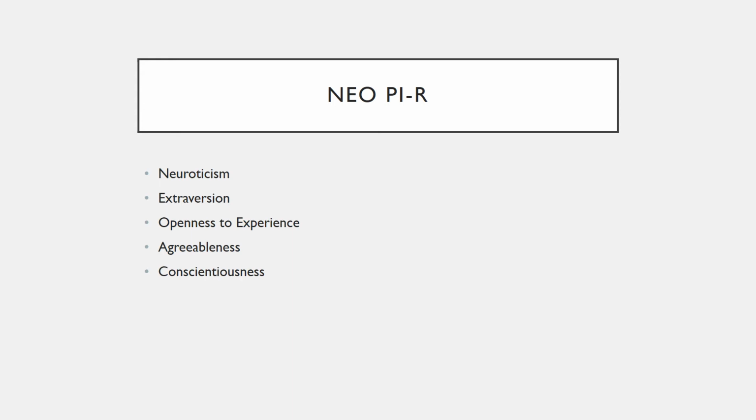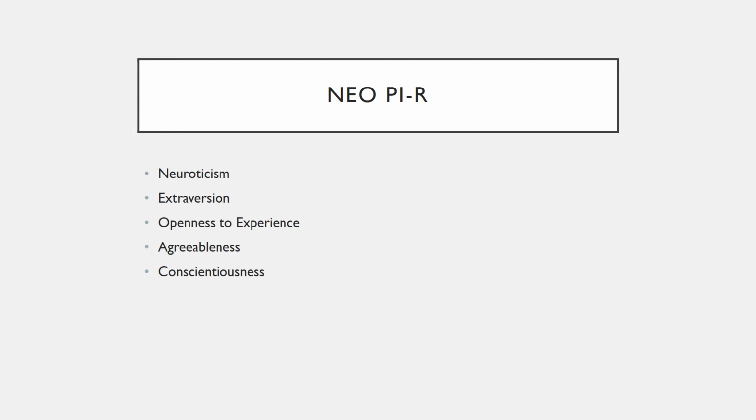Someone with extroversion, similar to the Myers-Briggs type indicator, is about how you get energy, and that would be connected with being social and connected to others, and enjoying activity that connects you with others. Then there's openness to experience, which is just like it sounds, so how open you are to new ideas and new experiences. Some of this connects to how creative you are, how outwardly you're willing to feel emotions, how open you are to new experiences, ideas, and values.